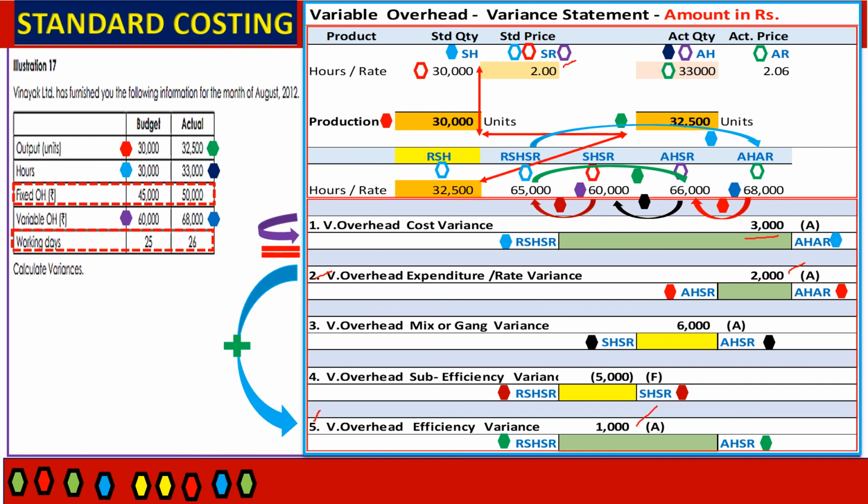Similarly, for variable, you will add these two. Mix and sub-efficiency will add up to efficiency. 6,000 minus 5,000 is 1,000. That is the efficiency variance. And we are successfully completing the solution to illustration number 17.